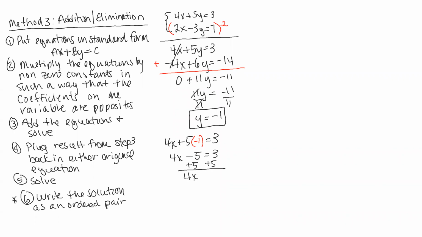So I get 4x equals 8. The 5's on the left cancel. I divide by 2, and I get that x is equal, whoops, I just made a liar out of myself. I don't divide by 2, I divide by 4, and I get x equals 2. The 4's on the left cancel, they become 1. 1 times x is x, and then 8 divided by 4 is 2. So I've got my x coordinate. But don't forget step 6.